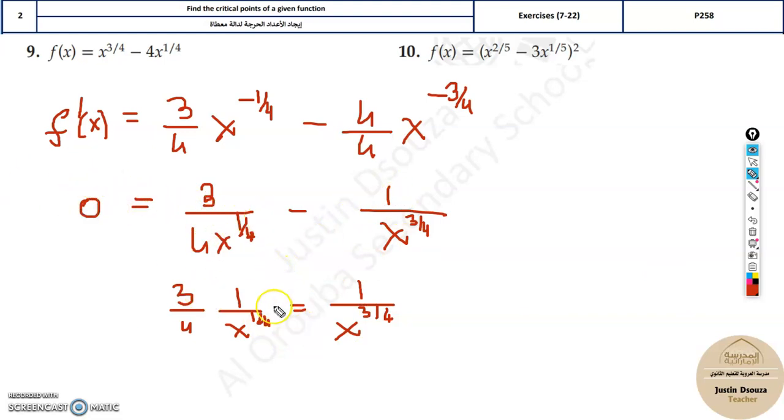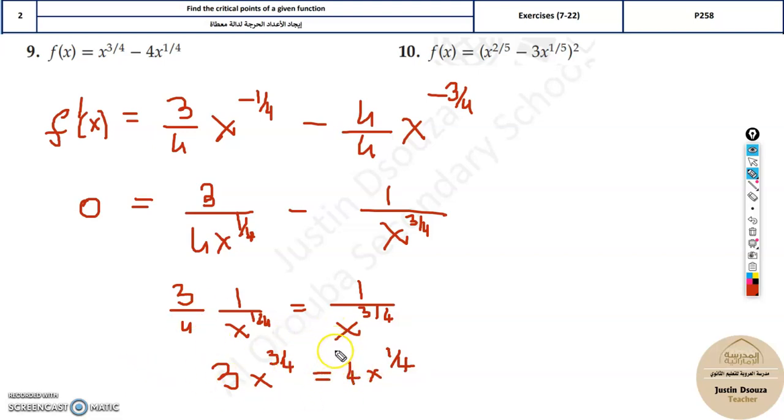Now I take the denominators to the other side, and I just have the numerators on both. So what I get is 3x to the 3/4 in the numerator equals 4x to the 1/4 in the numerator on the other side.